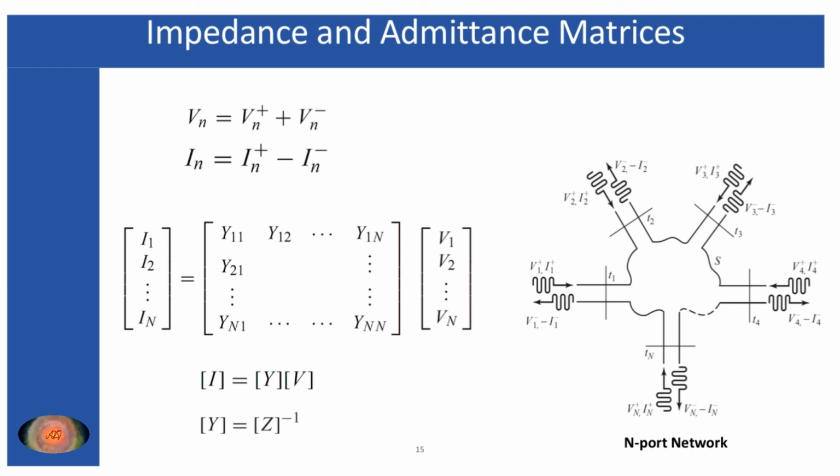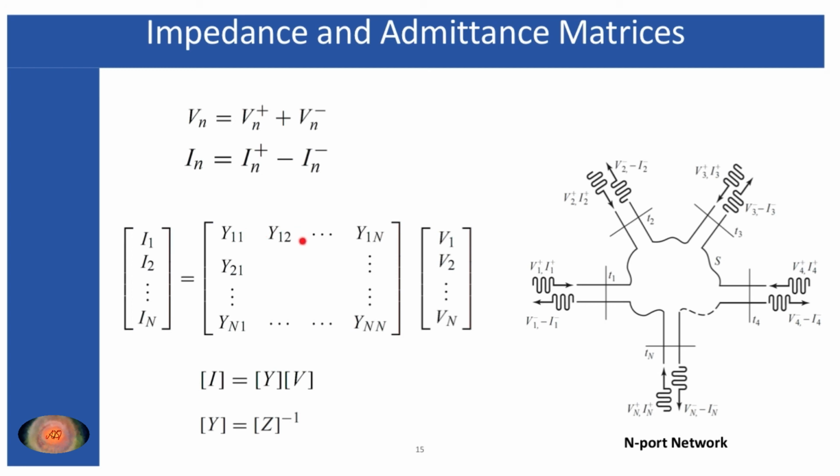In both cases, that means in the case of the admittance matrix and the impedance matrix, the 1-1 element relates the current and voltage of port 1. The 1-2 element relates the current of port 1 but the voltage of port 2 in the case of the admittance matrix, but in the case of the impedance matrix, it relates the voltage of port 1 and the current of port 2.